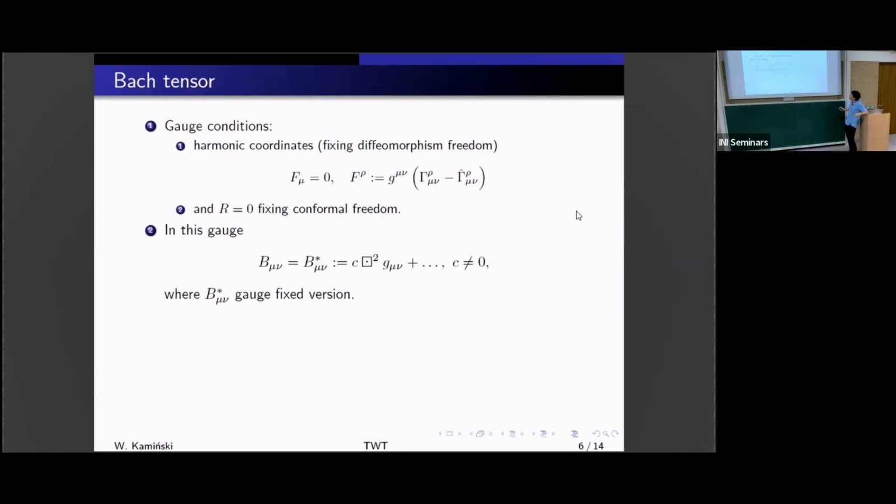Okay, and if one looks at the form of the Bach tensor in this gauge, it is equal to what I would call the gauge-fixed Bach tensor, that has the form box squared plus lower order terms.